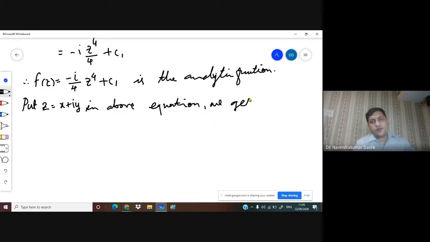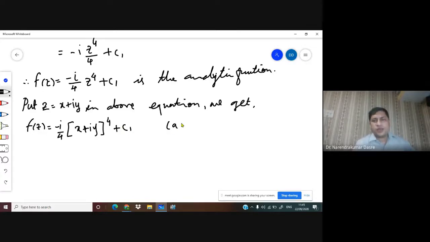We get f of z is equal to minus i by 4 times x plus iy, bracket raised to 4, plus c1.